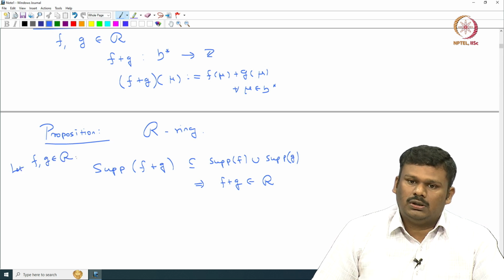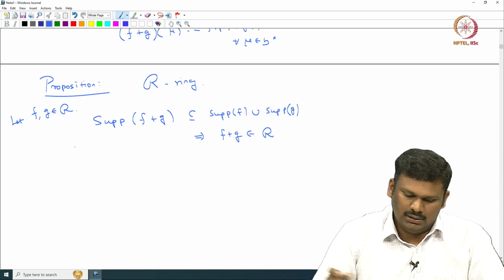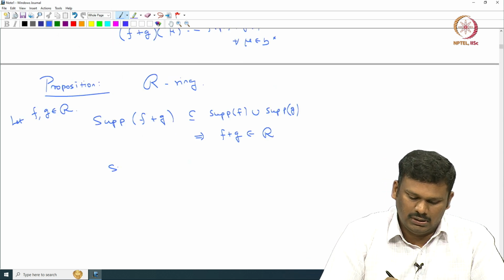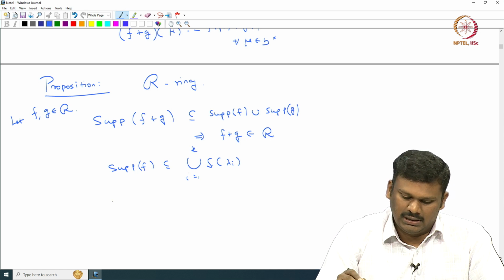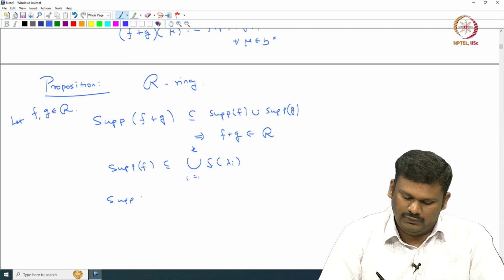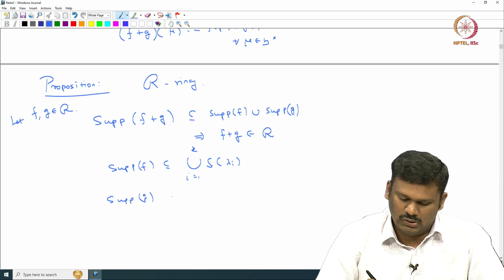Now what about the product? The product is a little bit tricky, but it is not that hard actually. If you take the support of f, let us say it is contained in the union of s of lambda i, i ranging from 1 to k. Without loss of generality, we can also assume that the number of s of lambda i's that appear for g is the same.